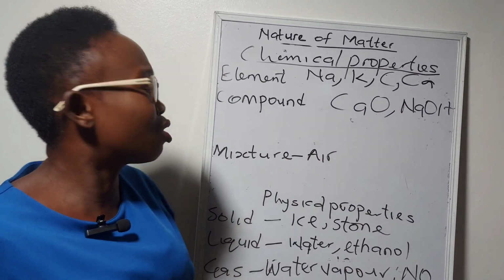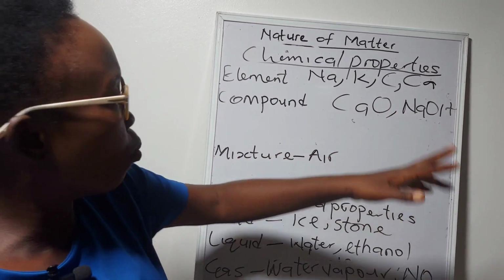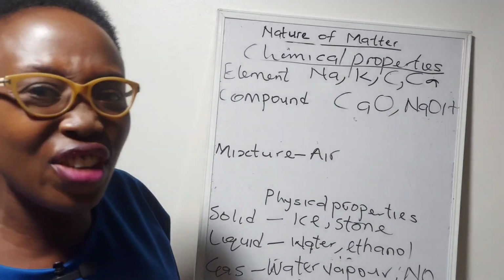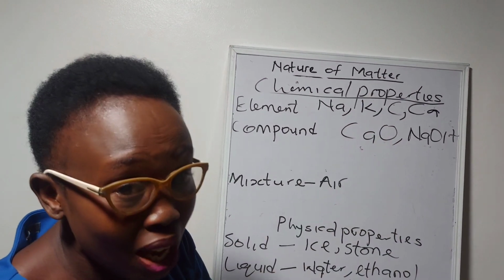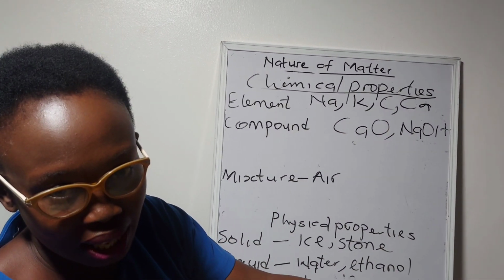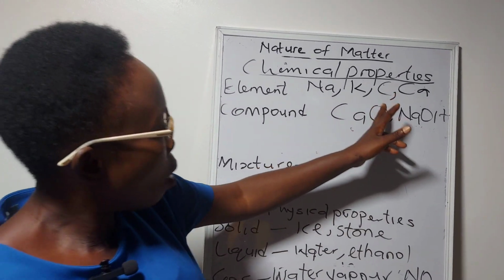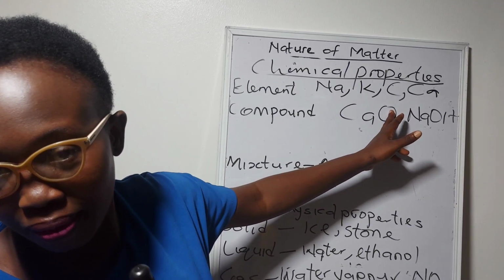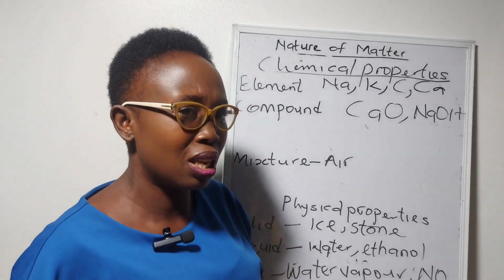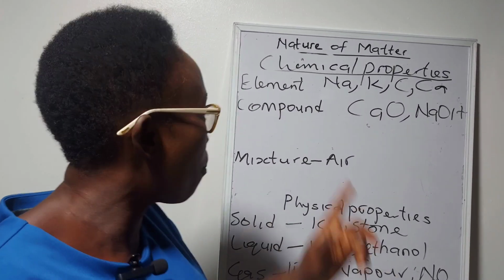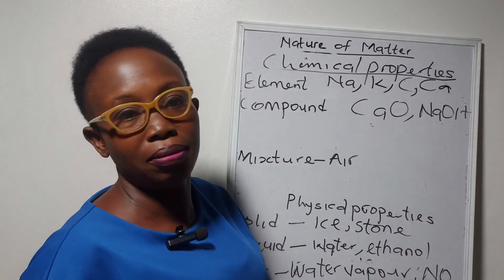This calcium oxide is calcium that reacted or combined with oxygen in a fixed mass, to form another compound. This calcium is an element on its own. When it reacts with oxygen, an element on its own, they form a new substance that cannot be reversed. And it has its own property that is different from calcium and different from oxygen.